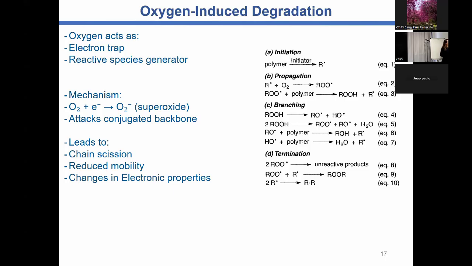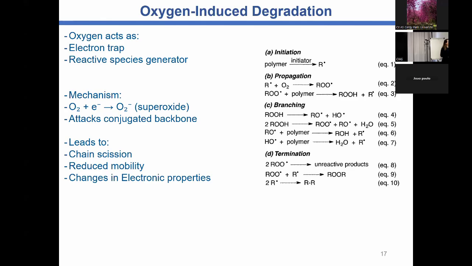And with this degradation, we can break the chain, we can reduce the mobility, and also change the electronic properties of the material. So sometimes you see changes in the band gap. It's because of the degradation reaction induced with oxygen, and sometimes you do not see it because it does not happen with some materials.